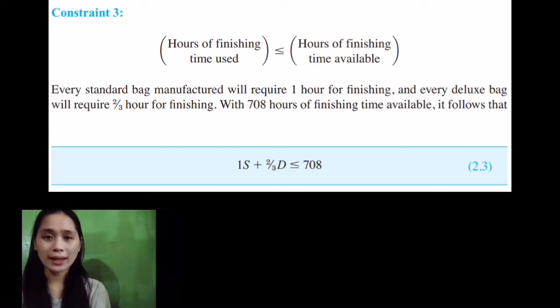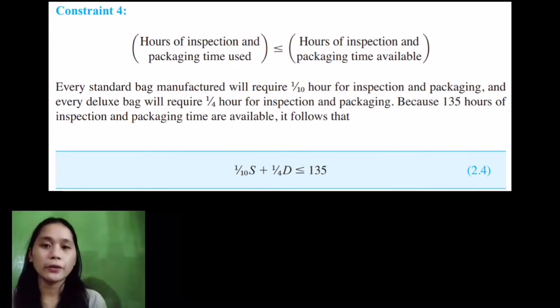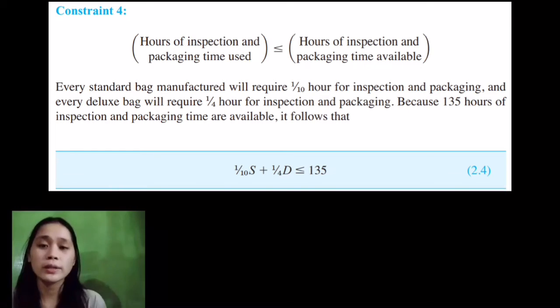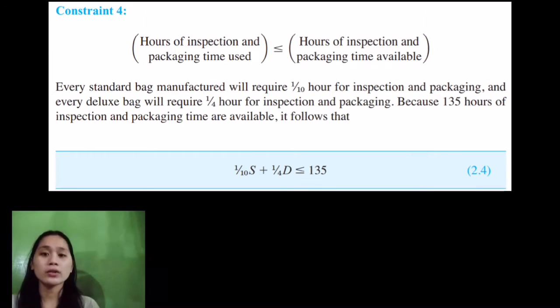It follows that. Constraint 4. Every standard bag produced will take 1/10 hour to inspect and package, while every deluxe bag will take 1/4 hour to inspect and package, because there are 135 hours of inspection and packaging time available.